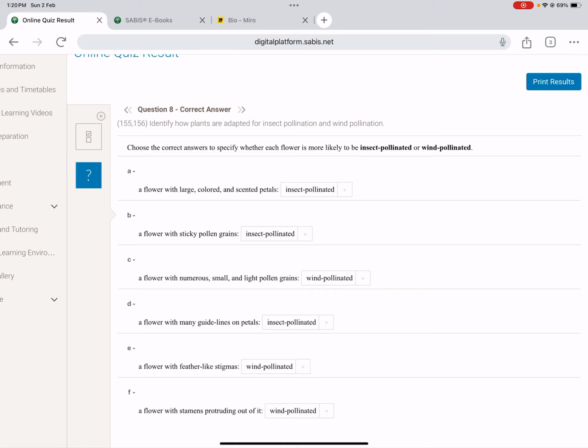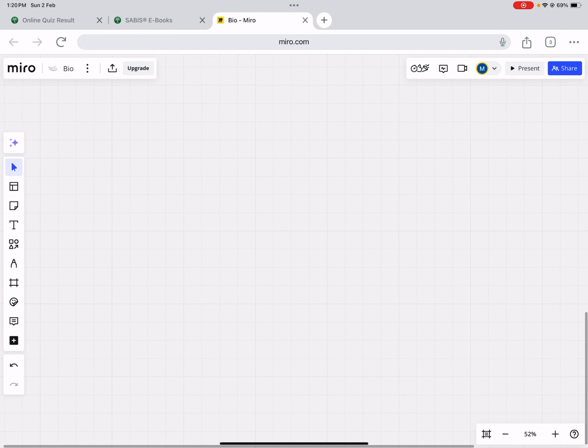So, before we do this, I'm just going to explain the general idea. We introduced the male part of the flower and the female part of the flower. Now, why did we explain this?